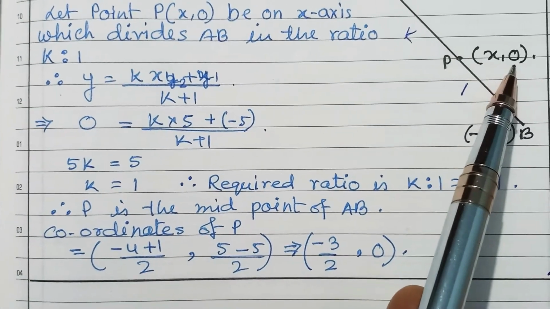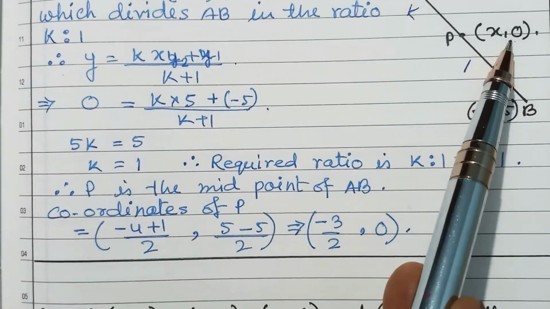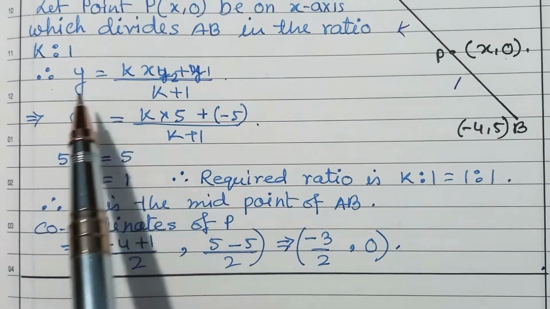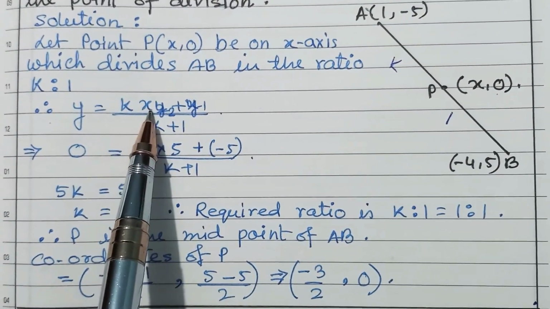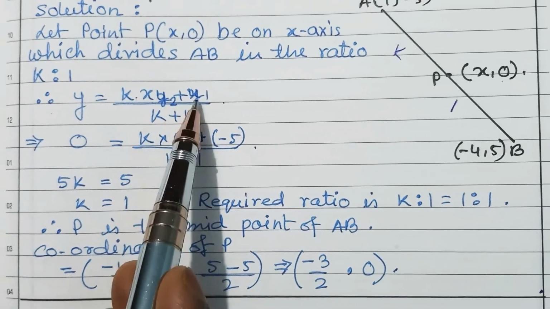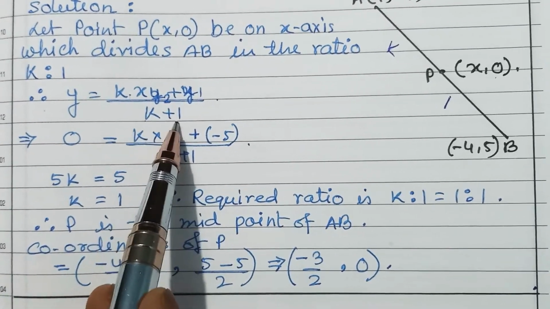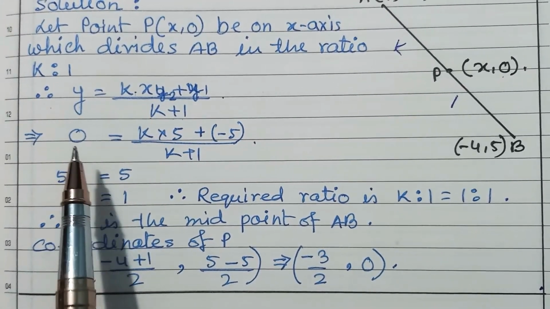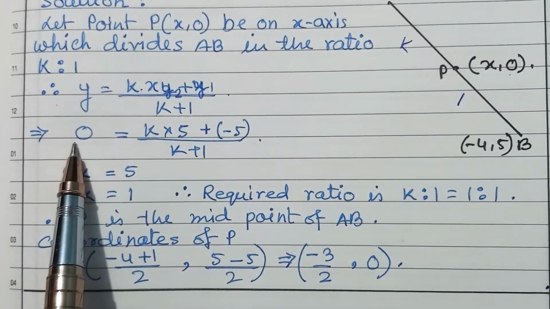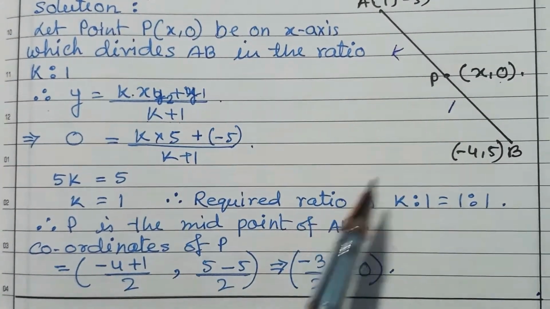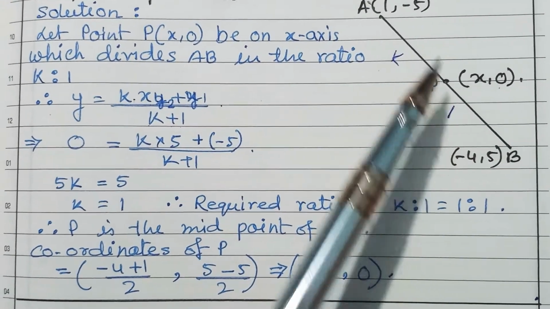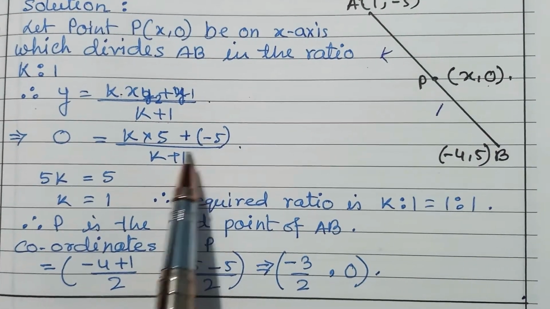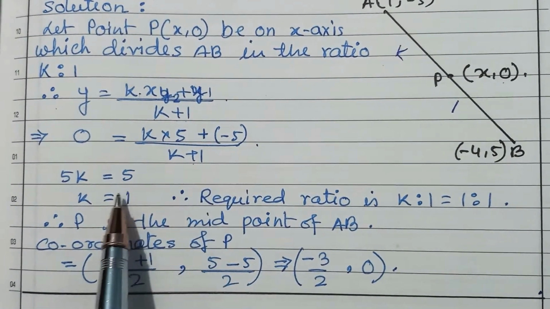Then we can write y is equal to 0. We can write y is equal to (k into y2 plus y1) upon (k plus 1). Now substitute the values, y is equal to 0. So (k into 5 plus 1 into -5) upon (k plus 1).